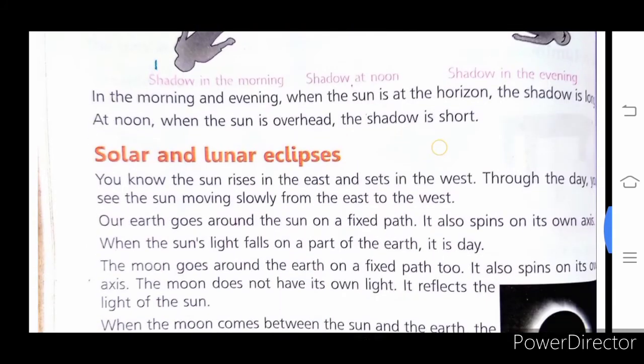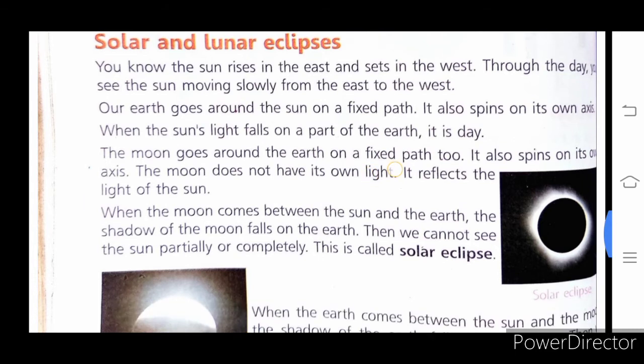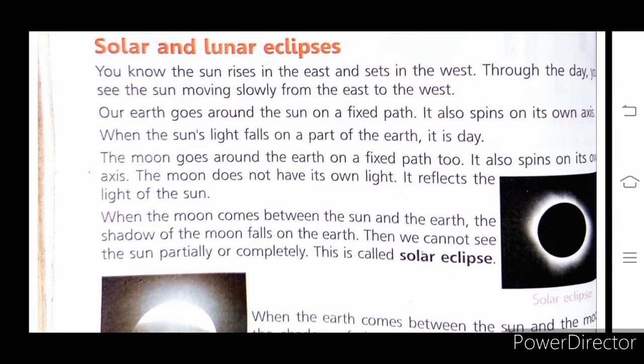Now let's start solar and lunar eclipses. See children, you know the sun rises in the east and sets in the west.